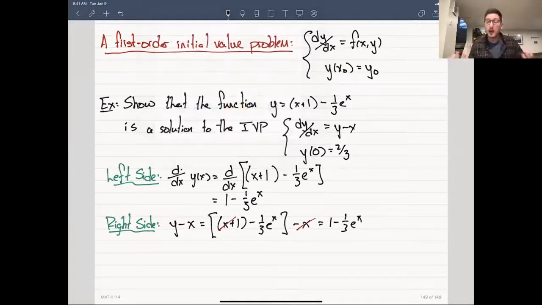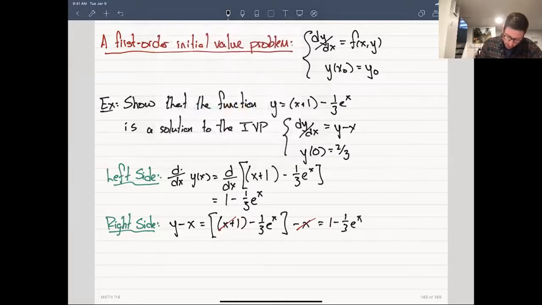And so because left side is equal to right side here, we do in fact have a solution to the differential equation. But that wasn't the question, right? The question is, is it a solution to the initial value problem? Which means it has to be a solution to the differential equation, and it has to go through the point that we are prescribing.